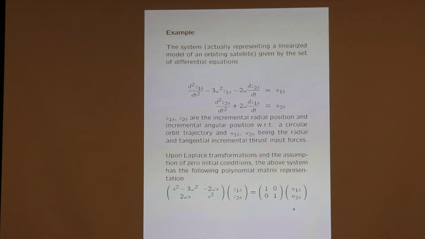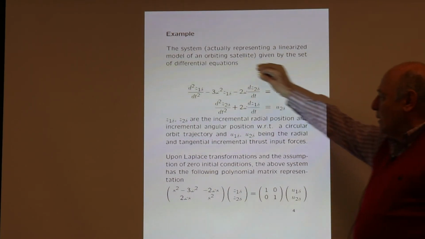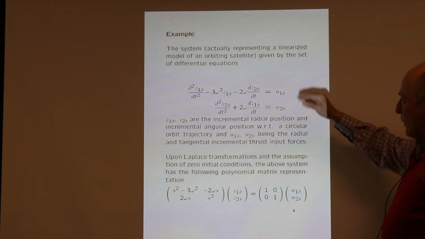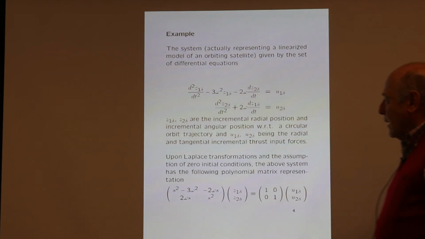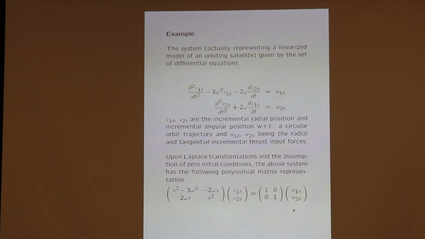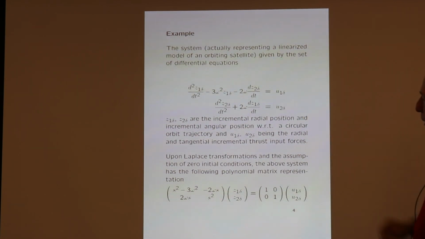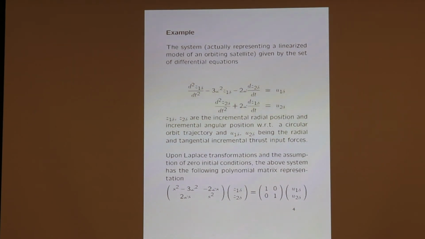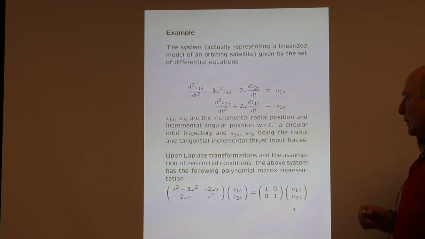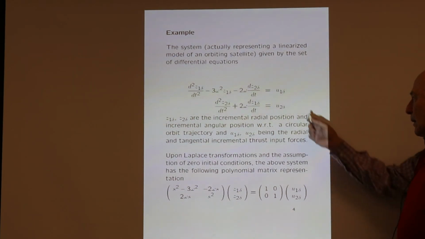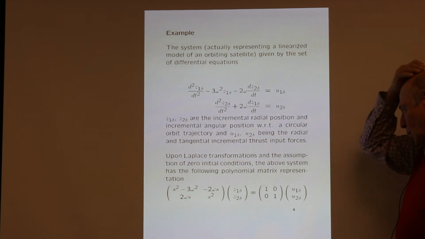Let's give an example of a linearized system, and this system actually represents the linearization of an orbiting satellite around the Earth. It's a very simple model that comes from a nonlinear model that is very well known. And you have two control inputs. One of them is aimed in the tangential direction of the orbit, and the other one makes the system go up.